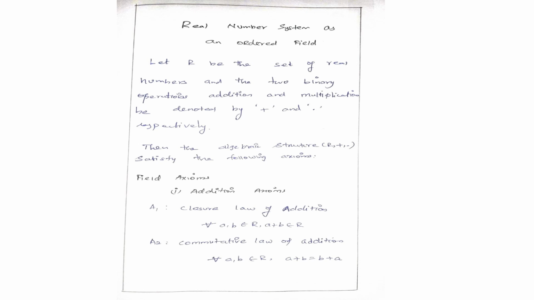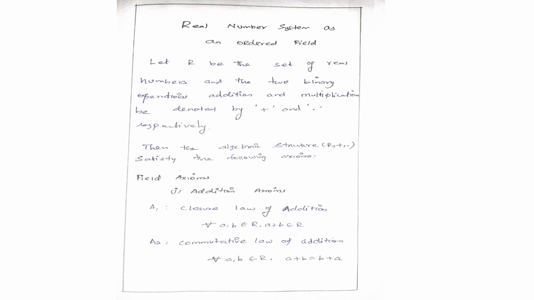So first we take addition. For all a, b belonging to the real numbers R, when we add these two real numbers, the answer will also be a real number.